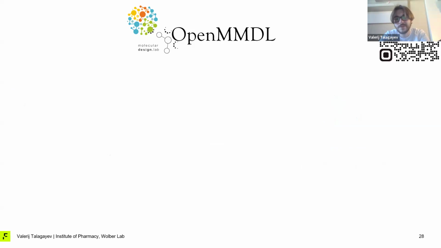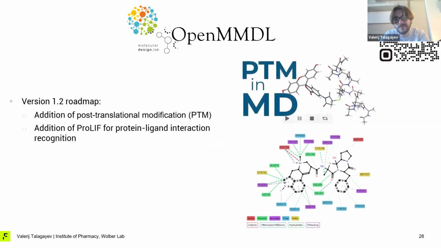And the idea for the next release is to have two important parts implemented, those being the addition of the post-translational modification and the addition of ProLIF for protein-ligand interaction recognition. Currently in OpenMMDL we parameterize the protein and the ligand separately, so it's not possible to have a covalently bound ligand in the MD simulation.